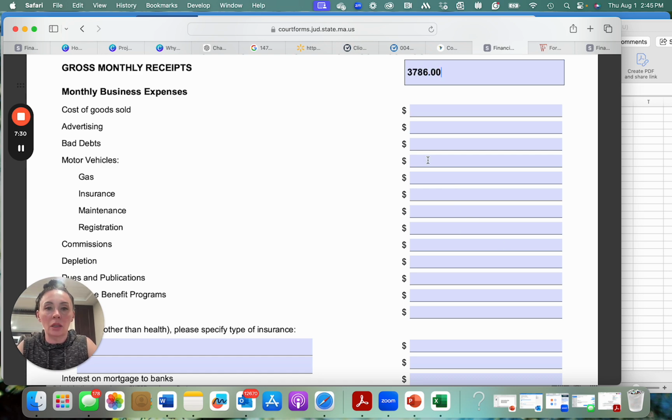All right. Cost of goods sold really are for manufacturing businesses. That isn't an expense that would apply to like a pizza shop. Maybe if you had a hair salon, that might apply if you're selling shampoo and conditioner.